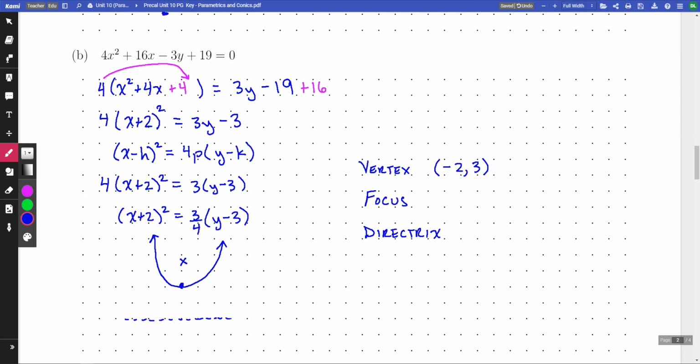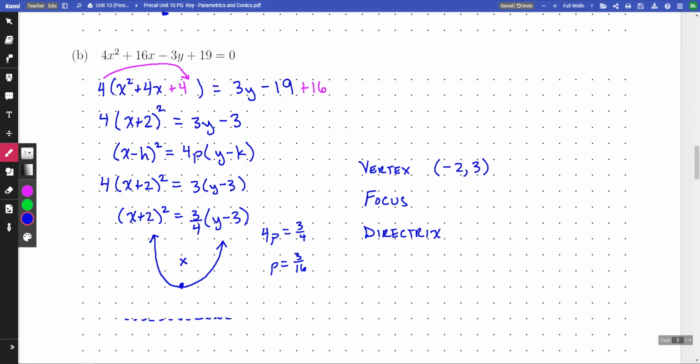Well, I know that 4p is what I'm using. So 4p needs to be 3/4, which means that p is going to be equal to 3/16. So really a very, very small value for p.